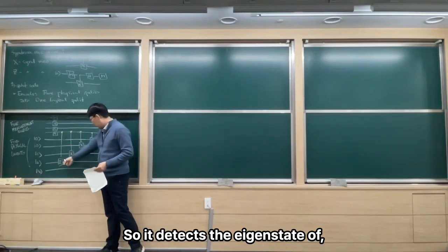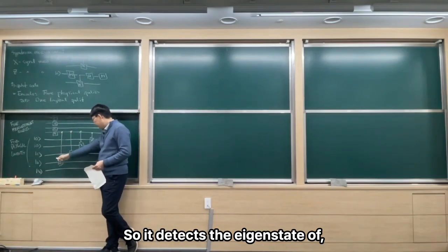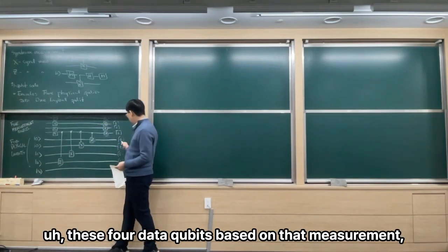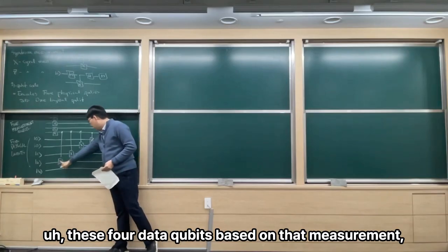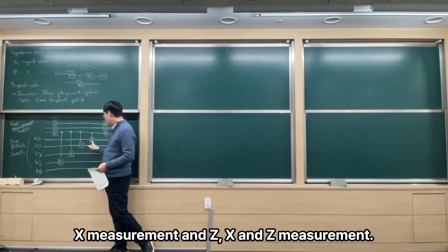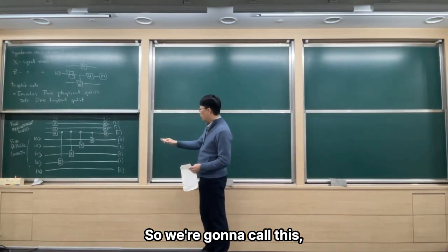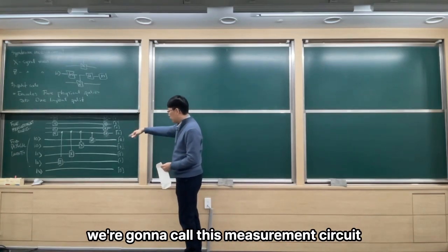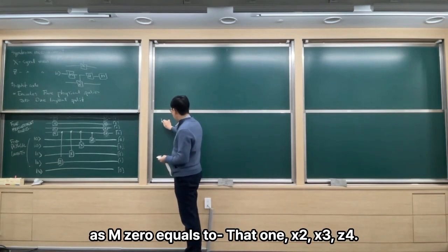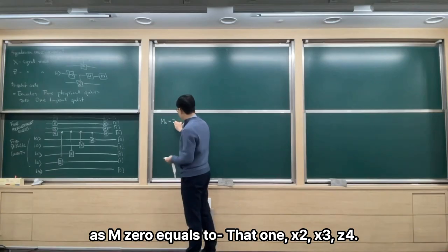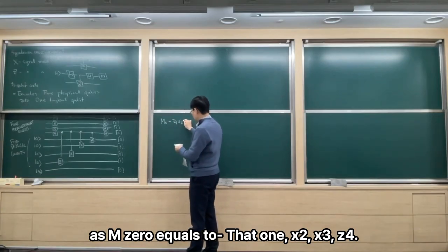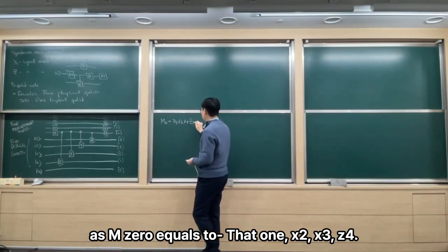It detects the eigenstate of these 4 data qubits based on Z measurement, X measurement, X and Z measurement. So we're gonna call this measurement circuit M0 equals Z1, X2, X3, Z4.